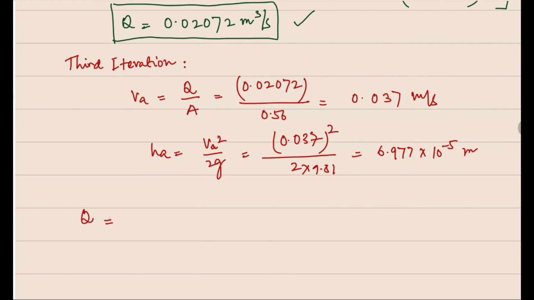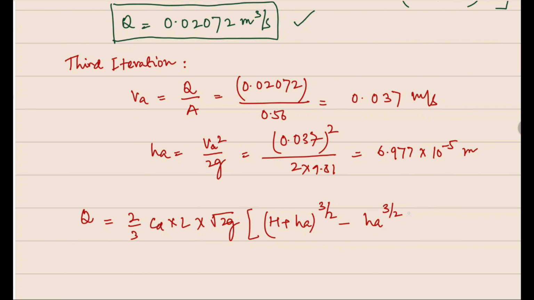So Q is equal to 2 by 3 CD multiplied by L multiplied by under root 2G, and then H plus HA raised to the power 3 by 2 minus HA raised to the power 3 by 2.